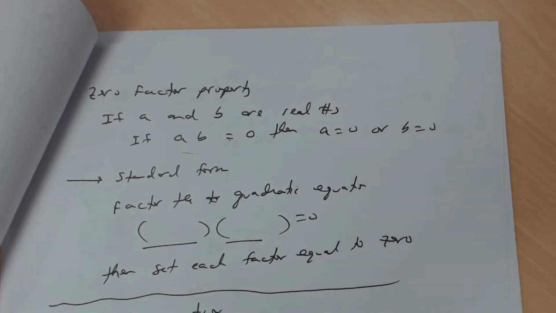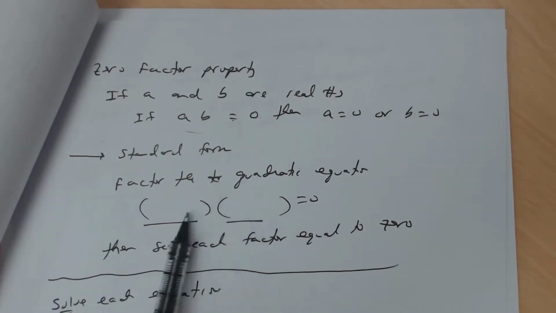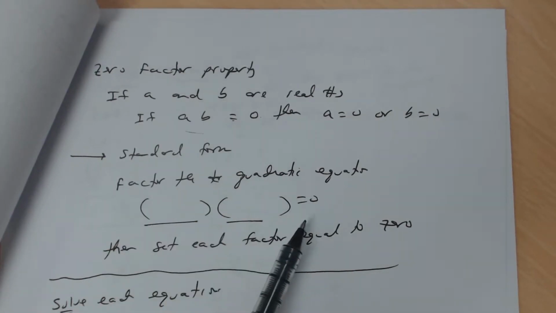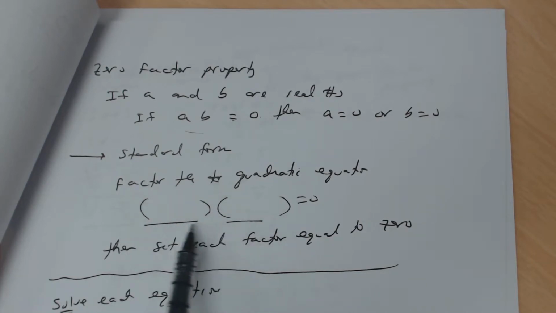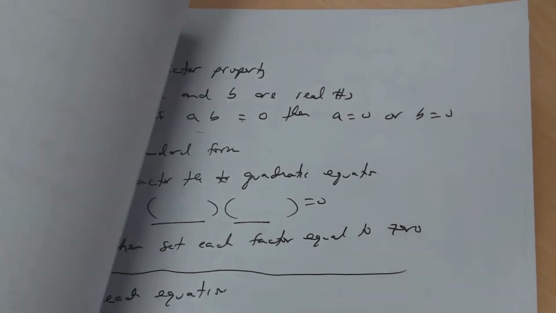And so you remember we set each of those factors equal to zero. But in order to use the zero factor property, zero has to be on the other side. So you have to factor and set each factor equal to zero.